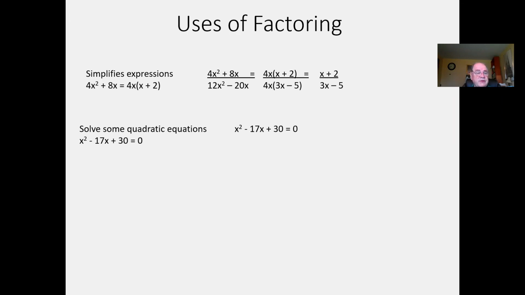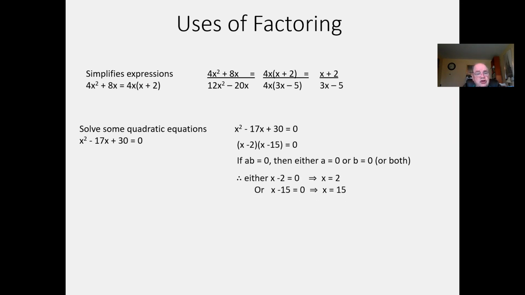One way to handle them is by factoring. Here, we set the quadratic equation equal to 0. If we can factor that, and we'll be looking at this process in a moment, then we have two factors whose product is 0, and therefore one of them has to be 0. The only way to get two things to multiply to 0 is if one of them is 0, or both.